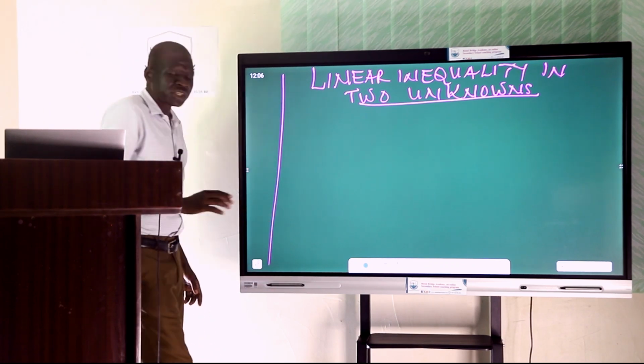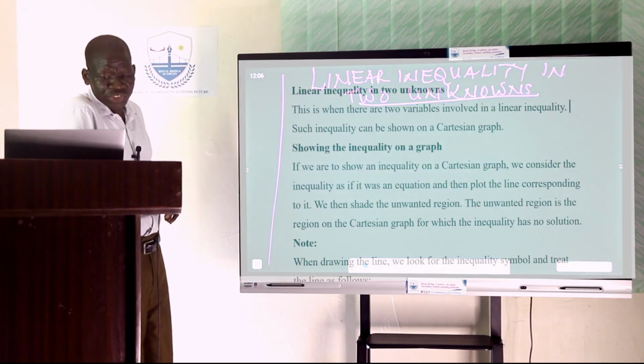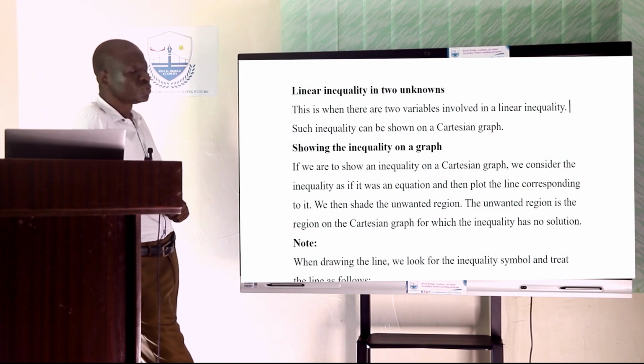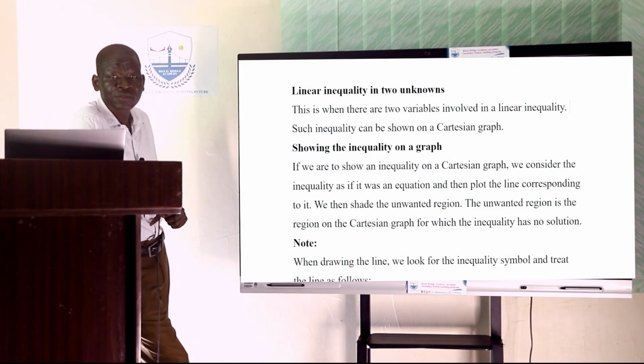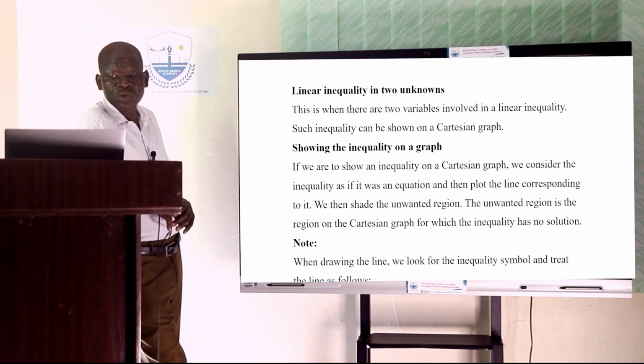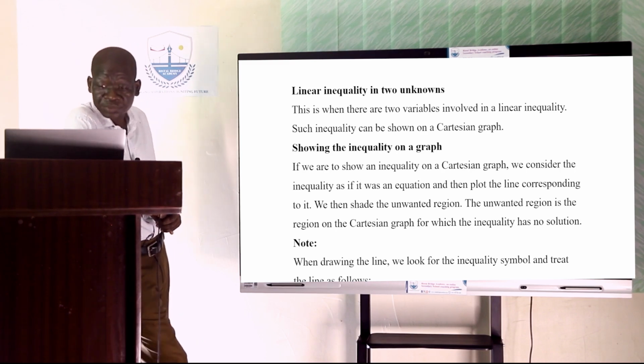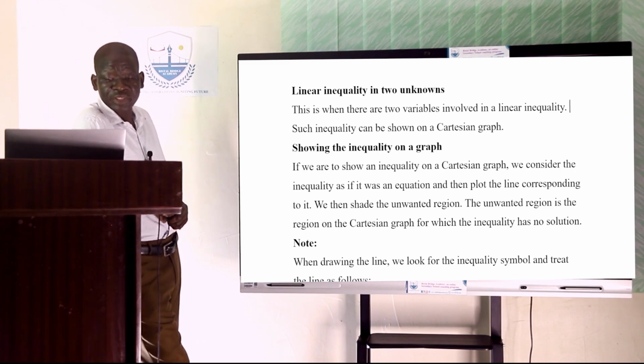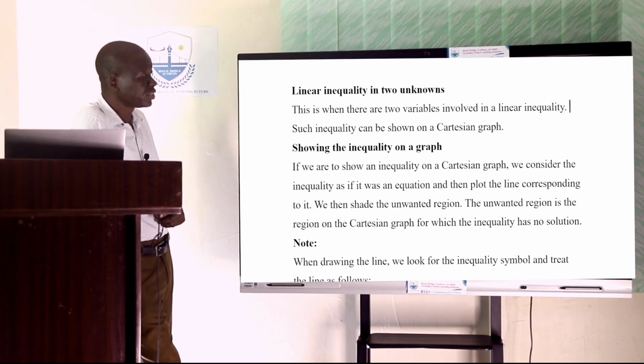There is an important note that we need to consider here: when drawing the line, we look for the inequality symbol and then treat the line as follows.